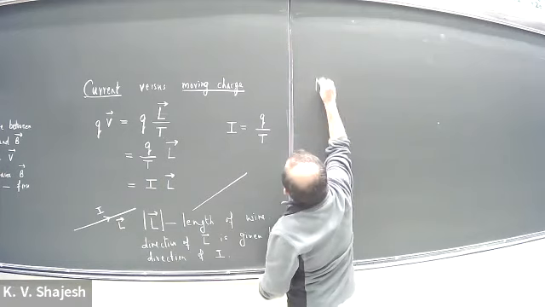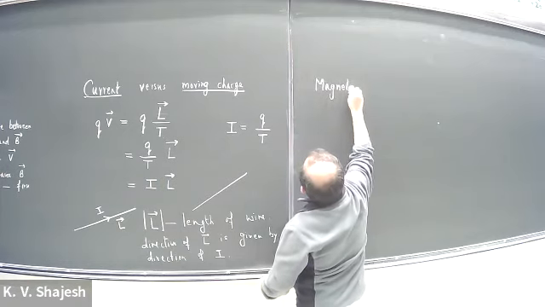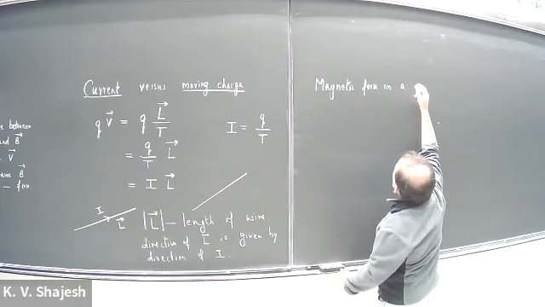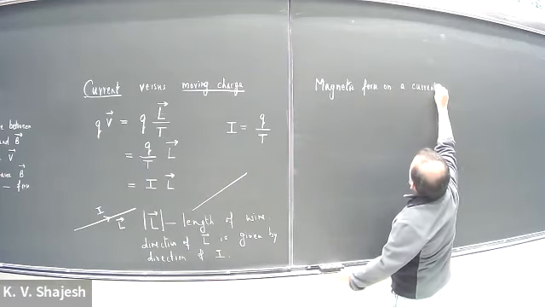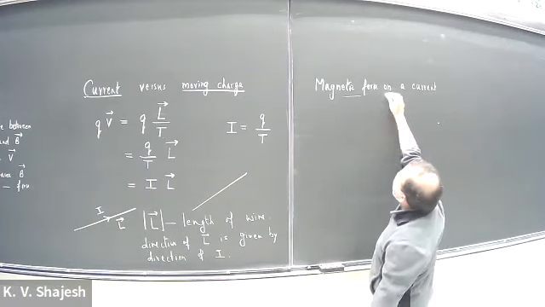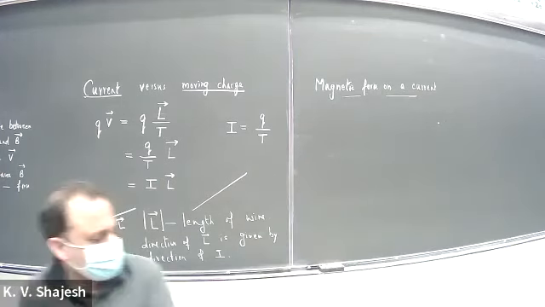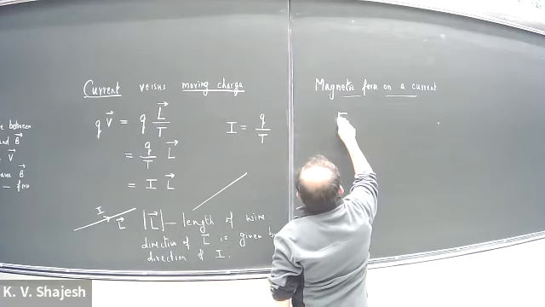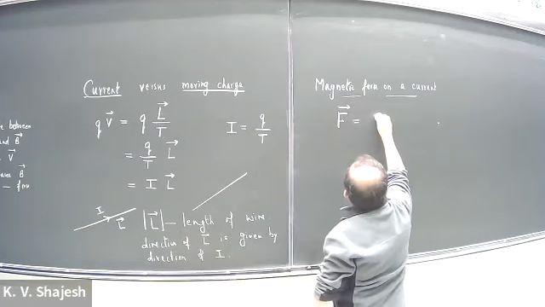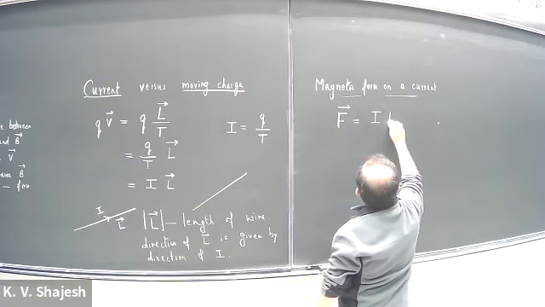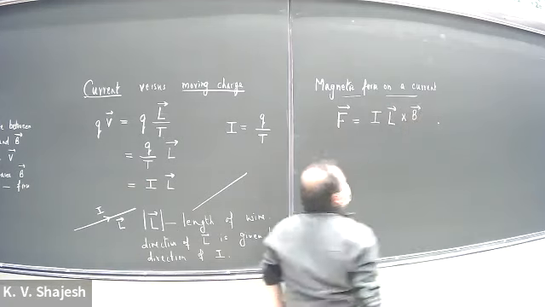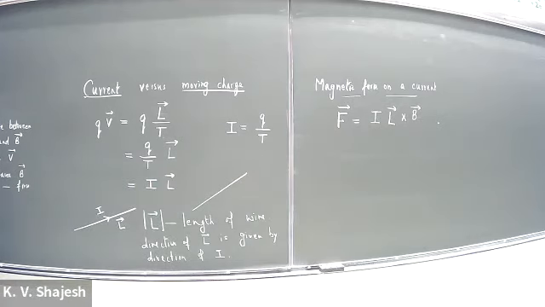The magnetic force on a current carrying wire is given by, same idea, everything remains the same, except that you now talk in terms of IL cross B. How much is the current in the wire times the length L, and B.